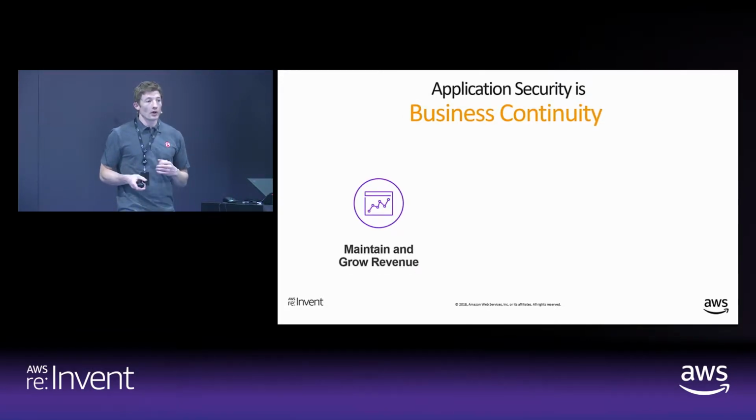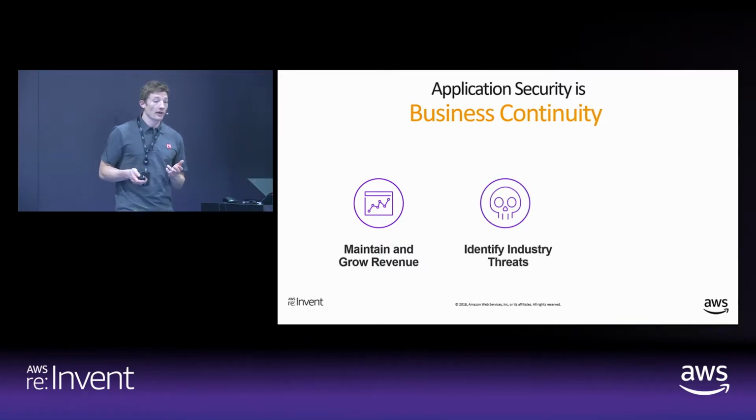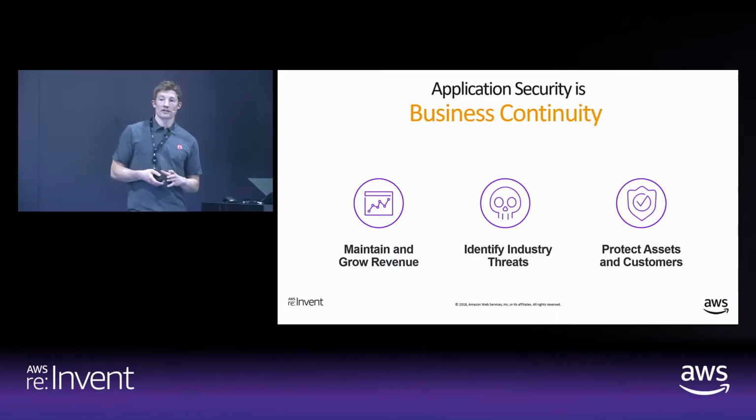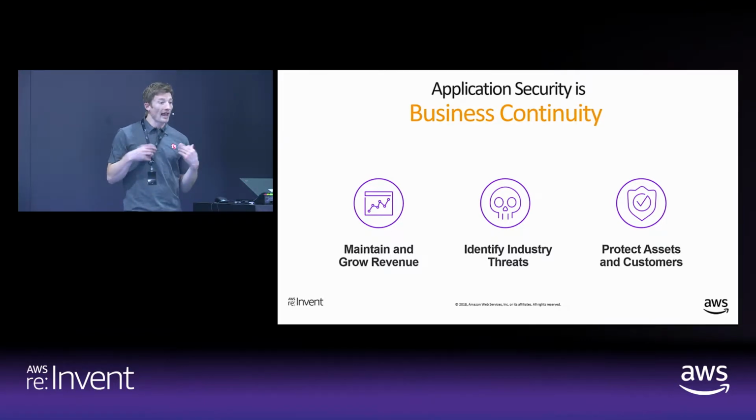It's the ability to maintain and grow revenue, to identify industry threats, and to protect our assets and customers. That is why we're investing so much in all of these security solutions, and that's why it's so important that everybody is participating in the application security ecosystem. This is what we're after: maintaining our businesses and protecting our customers.